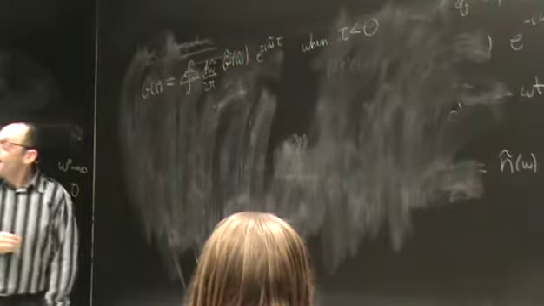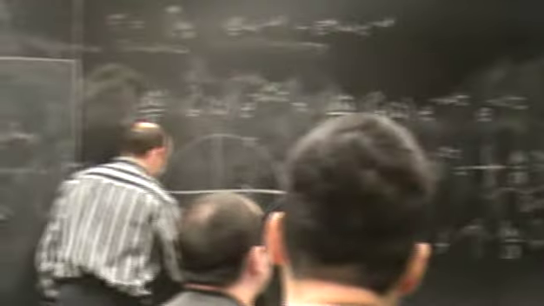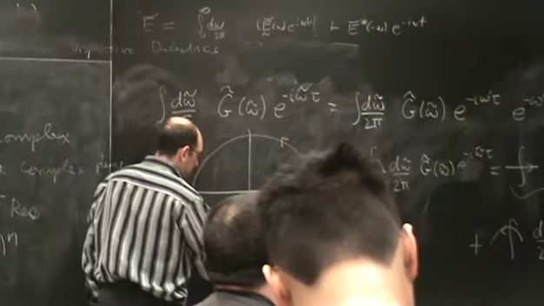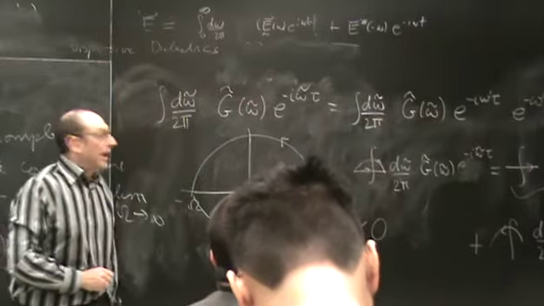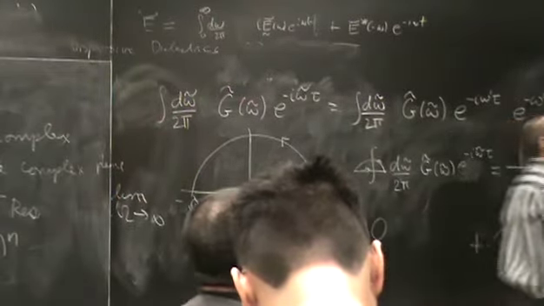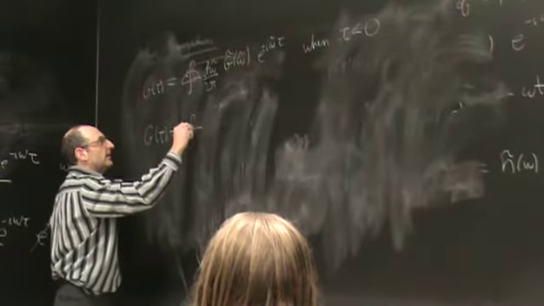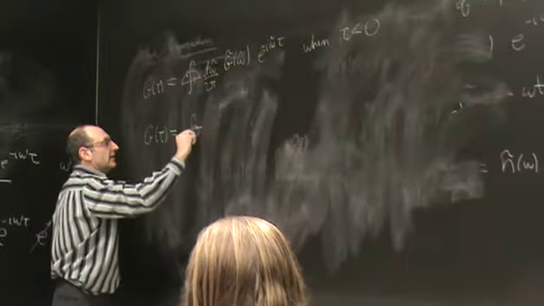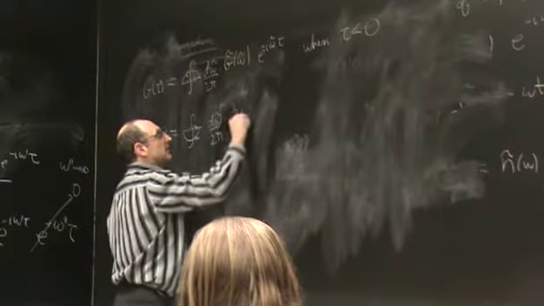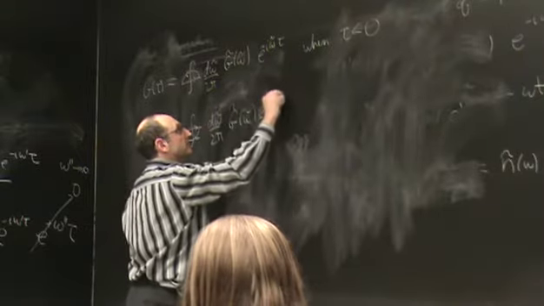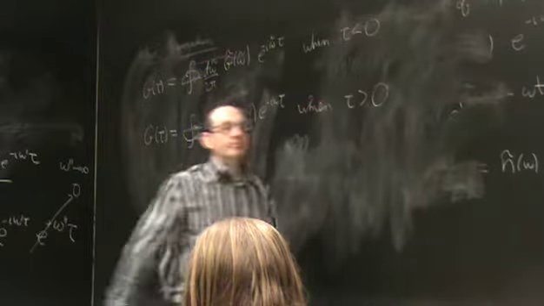Similarly, I could have closed this contour integral in the other direction, in which case we find that this thing is equal to this, when tau is positive.